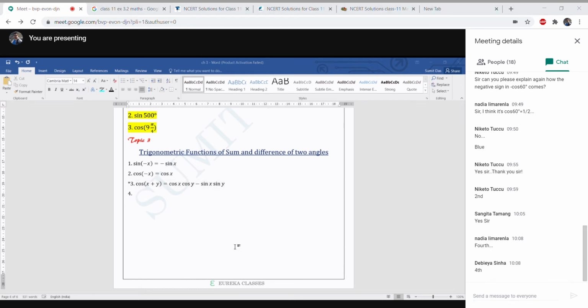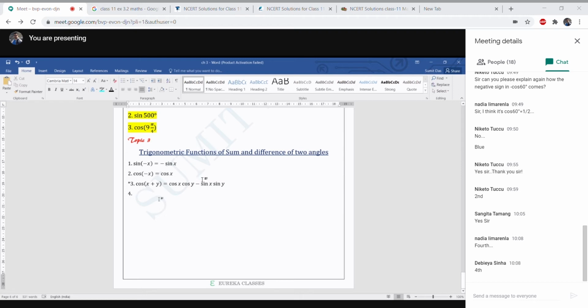If you want to know the explanation, later I will explain how, because we have to show it in a diagram. I will show you in another video. Understood? But remember, this is one of the basic formulas of the trigonometric functions chapter. If you remember this formula, you can write all the other formulas.